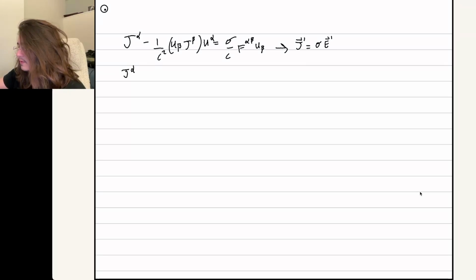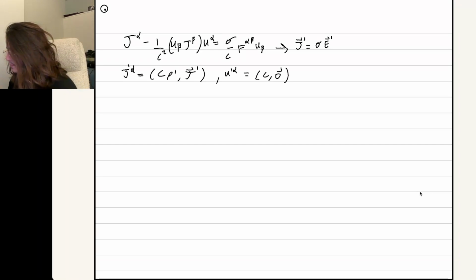J alpha in its own rest frame, so I'll say J alpha prime, is just going to be c rho prime for the time component, and then all the spatial components are the vector J prime. And the 4-vector for velocity in the thing's own rest frame is literally just c, 0, 0, 0, right?